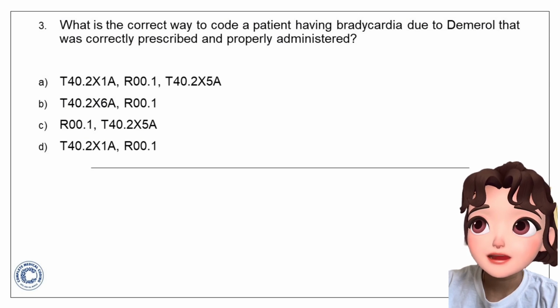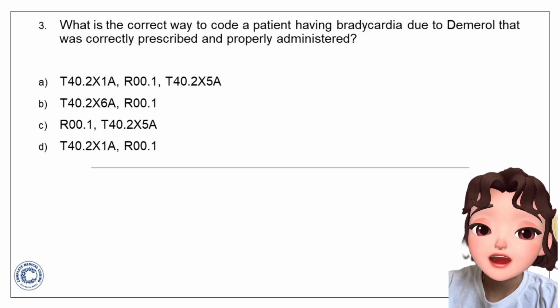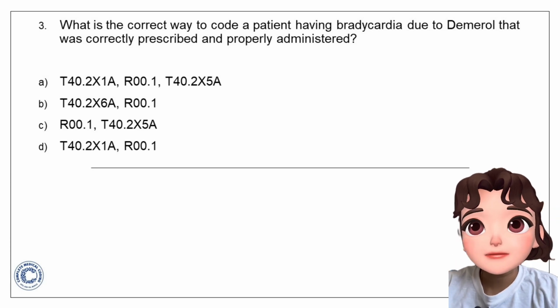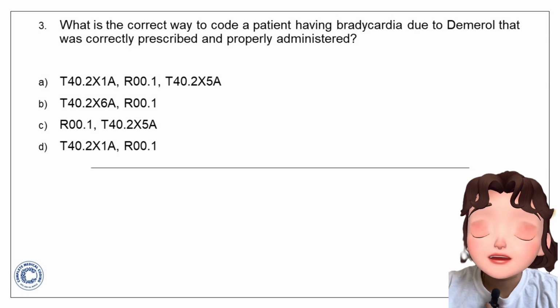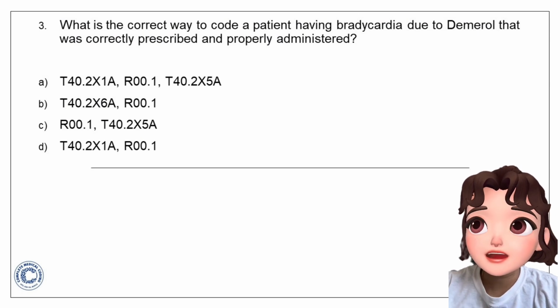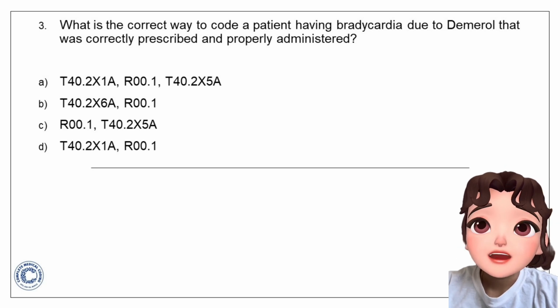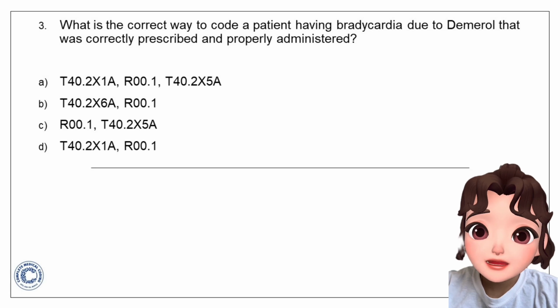Poisoning by other opioids, accidental, initial encounter. Accidental or unintentional. Here it is not accidental or unintentional. It is directly prescribed by the physician. So this is not an unintentional or accidental poisoning, and also this is not poisoning.